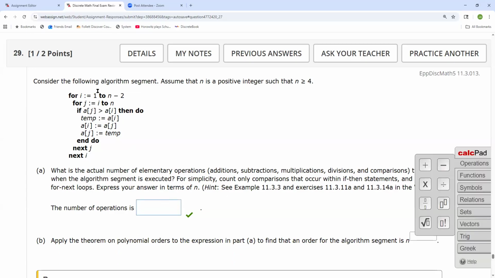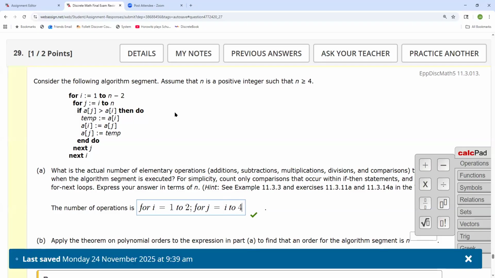So what would the outer loop do if n equals 4? I goes from 1 to 2, and then the inner loop would go for j equals 1 to what? Oh, no, not 1, that's i, my fault. j goes from i to 4, right? So basically, the outer loop would run twice, and the inner loop would also run twice in total, because the inner loop is within the outer loop.